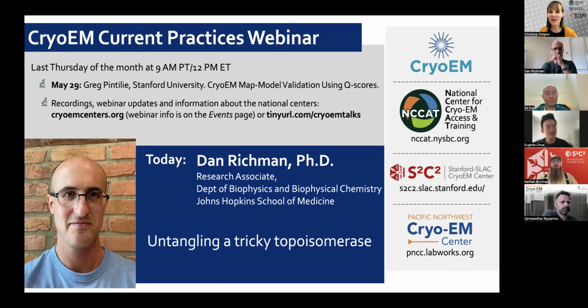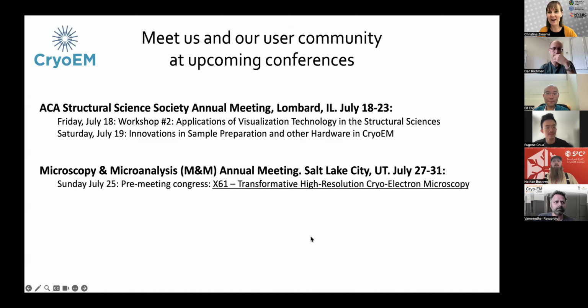In addition to catching up with us here online, I wanted to highlight a couple of opportunities coming up where you can meet staff from the centers. We enjoy summer meetings, so you will find staff from the centers at the ACA Structural Science Society meeting outside of Chicago in July, including a workshop being organized by some of our staff on applications of visualization technology in the structural sciences.